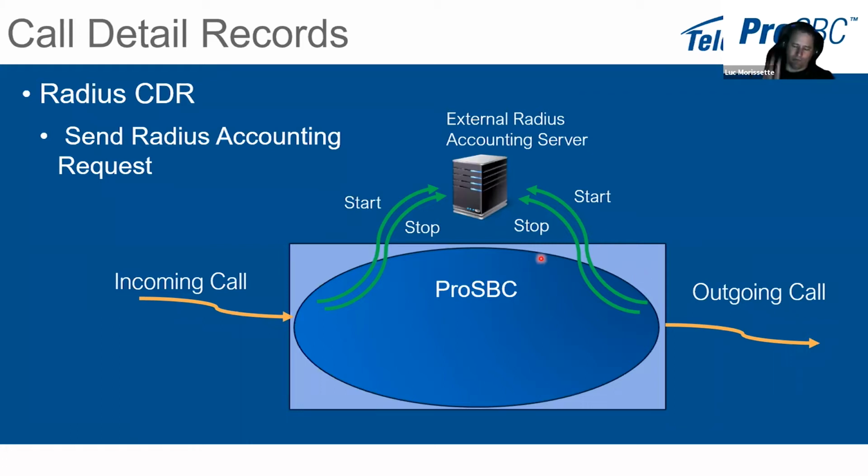That means there will be 4 entries for each of the calls that are successful. If there's a call that is refused, let's say, for example, there's an incoming call and it never gets routed outside, then you will get only a stop event from the incoming leg saying that this call has not gone through.